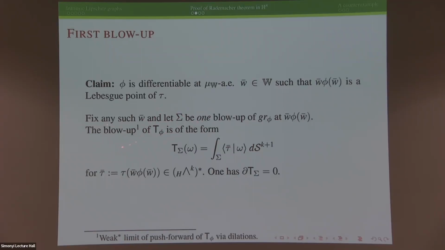Now look at how the current that we defined on the graph of phi behaves under this dilation. So technically we are considering the blow-up of T_phi along this sequence of scales. This is the current on the graph of phi. By blow-up of a current, I mean the weak-star limit of the push-forward of T_phi under these translations and dilations, something quite natural.